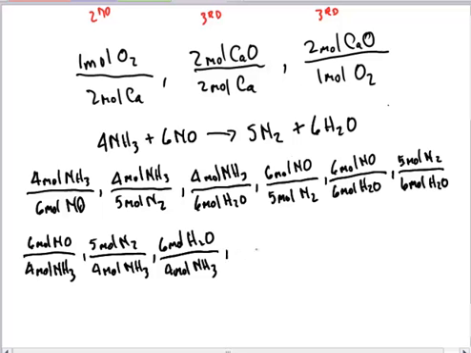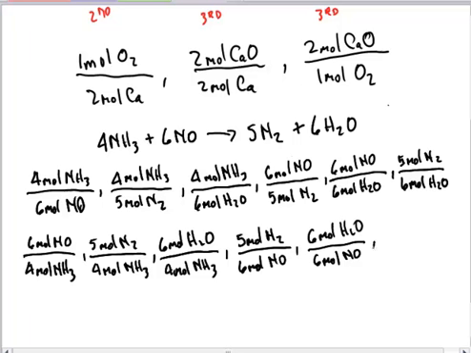You can see how this is just busy work when we have to write every single one of these. 5 moles N2 to 6 moles NO, 6 moles H2O to 6 moles NO, and the last one, 6 moles H2O to 5 moles N2.